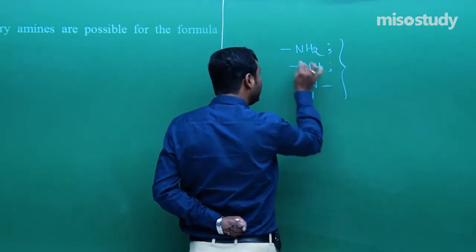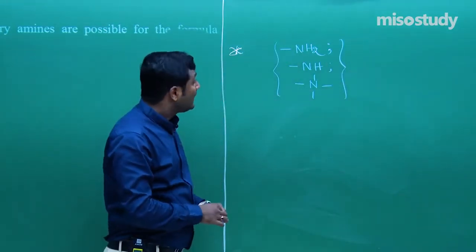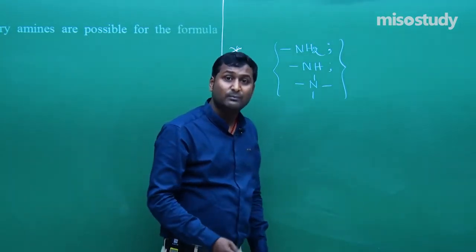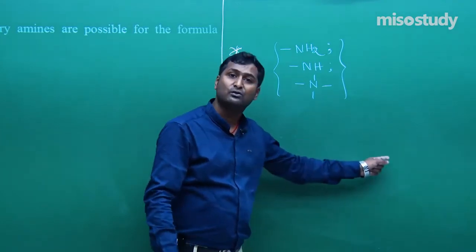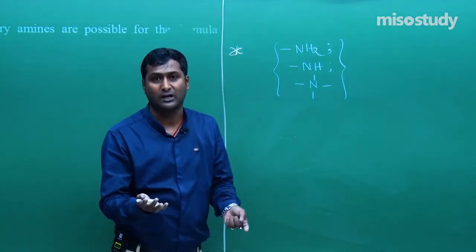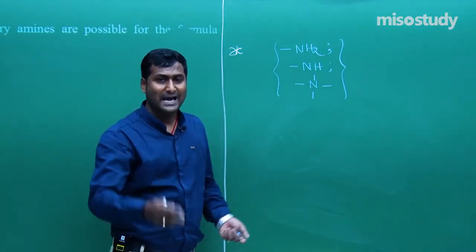An amine is a tertiary amine if there is N as a functional group. You can easily differentiate. One more thing I have to mention here: 1 degree means primary, 2 degree means secondary, and 3 degree means tertiary. You cannot compare these with the rest of the organic compounds like alcohols, ketones, aldehydes, halides.